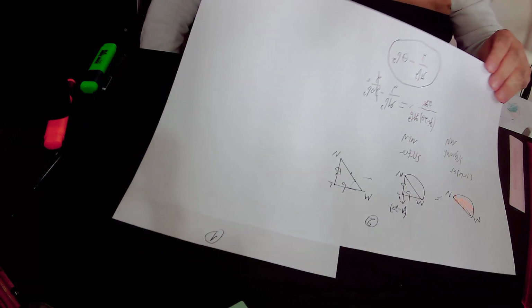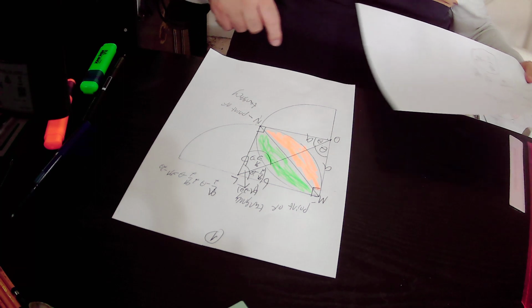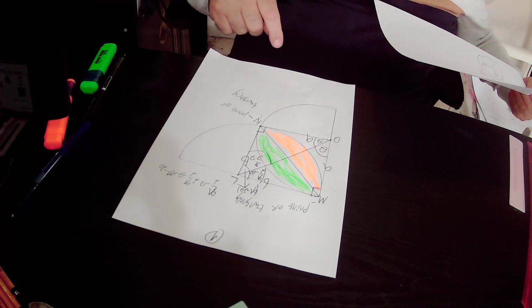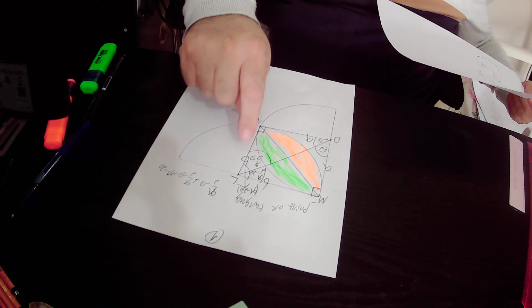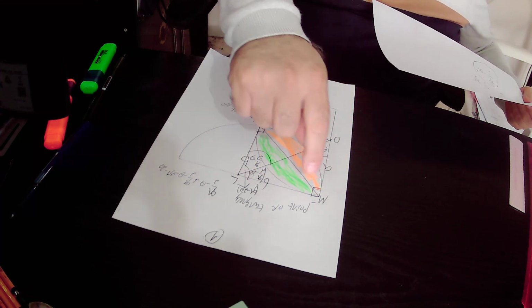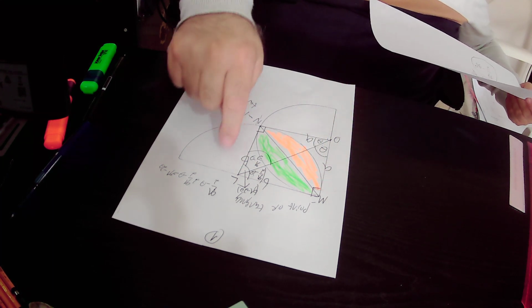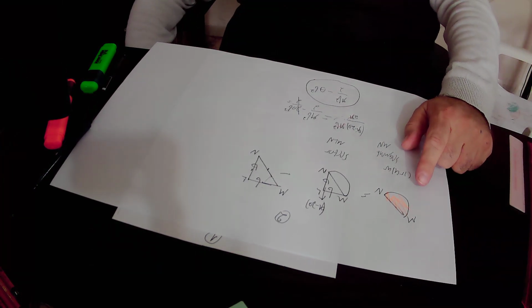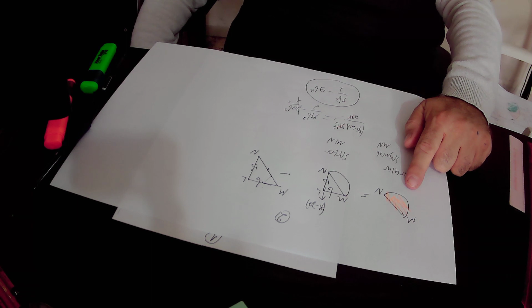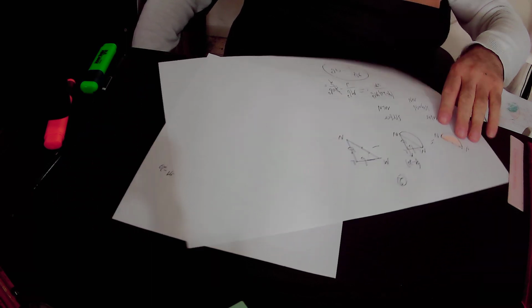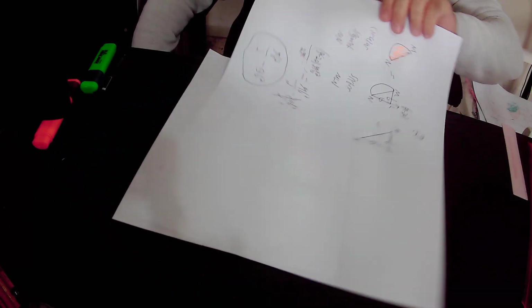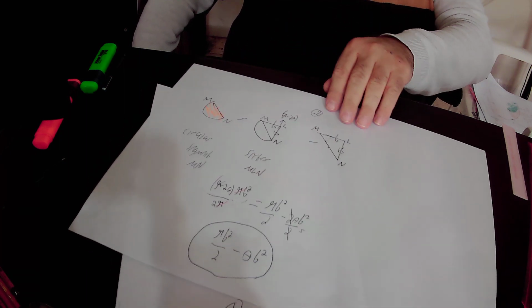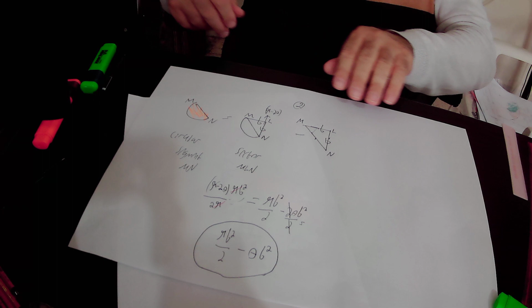will be equal to the area of sector NLM, this sector, minus the area of triangle NLM. I repeat again, the area of sector MN, the orange sector, this is the lower circular segment MN.